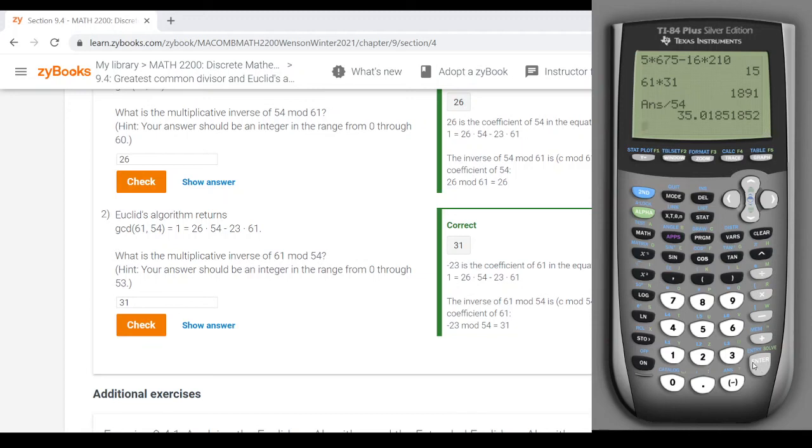So look at what 54 times 35 is. The quotient is 35. 54 times 35, you see, is 1890. See, you got 1 left over. So the inverse of 61 mod 54 is 31. Hopefully that made some sense.